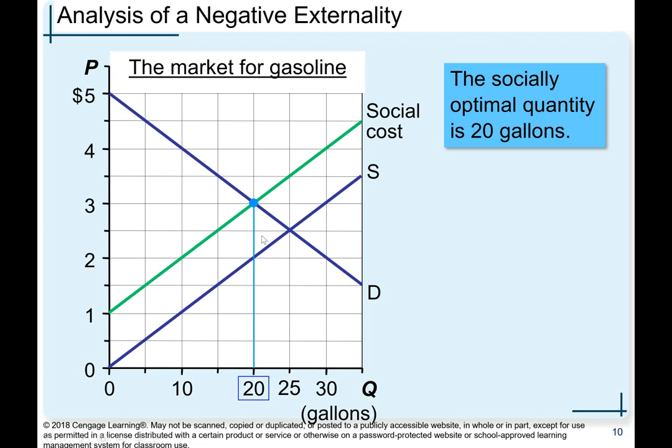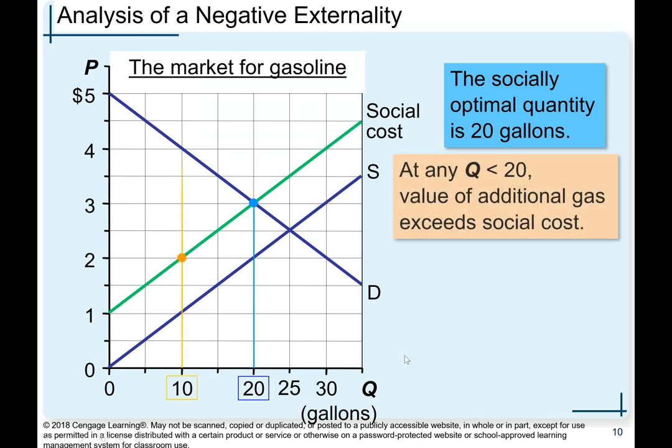In other words, if we do not internalize the external cost, this product is being overproduced. 25 is not efficient, 20 is efficient.